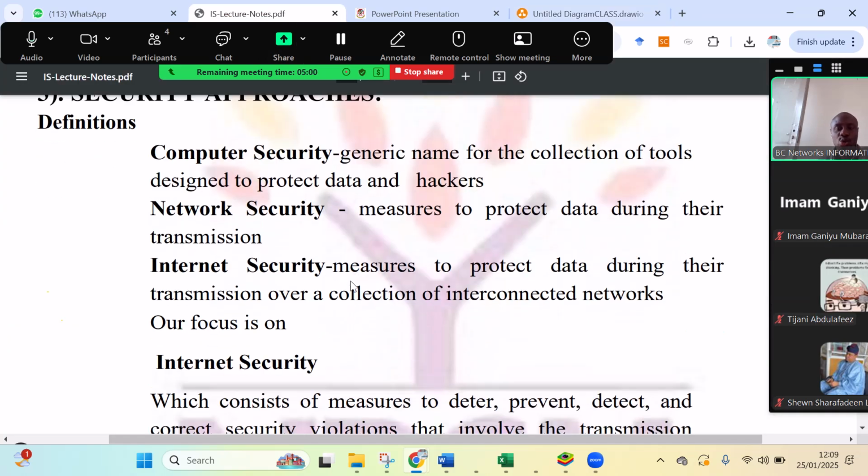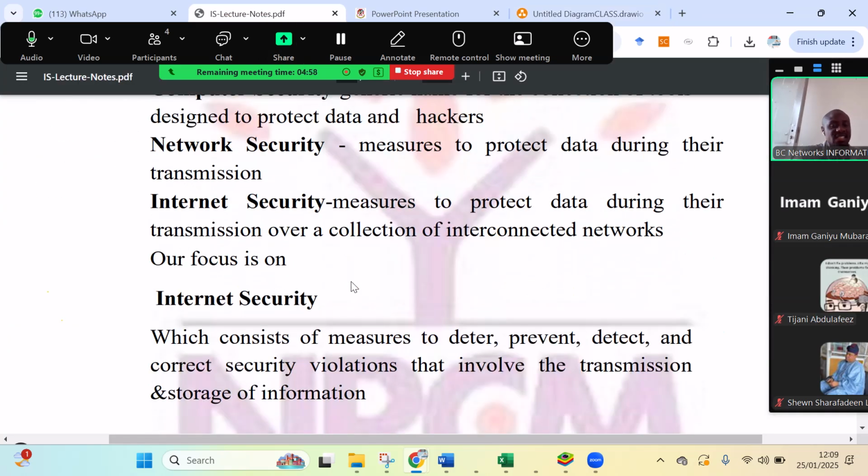Okay, so our focus here will be on internet security, which consists of the provision of measures to deter, to prevent, to detect and correct any security violations that may involve the data during their transmission. What did I say?